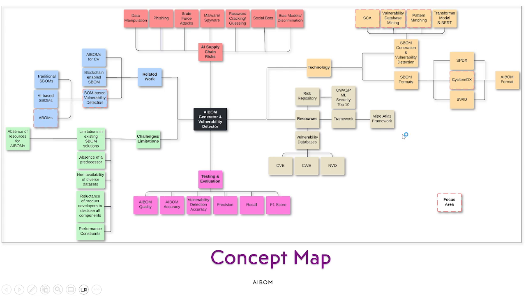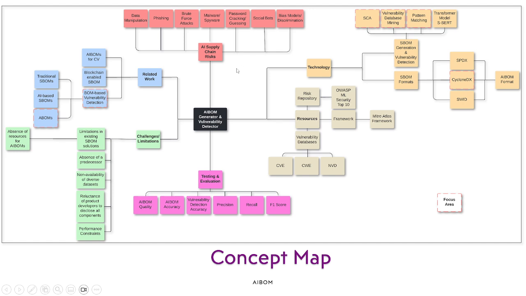It was also proposed in the literature review by researchers that it could be easily customizable. I have also considered the regulatory requirements of the National Telecommunications and Information Administration of the US, which gives out a list of components that need to go into the software bill of materials. I have used the same components in this as well, leveraging the same concept of the software bill of materials.